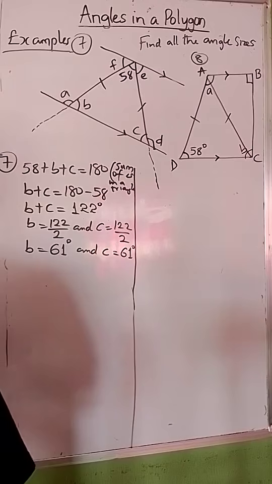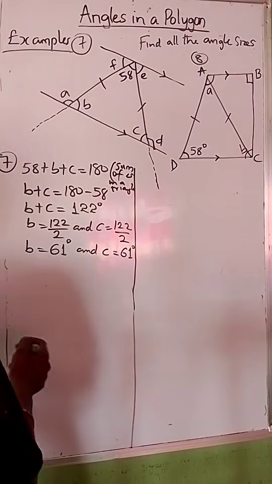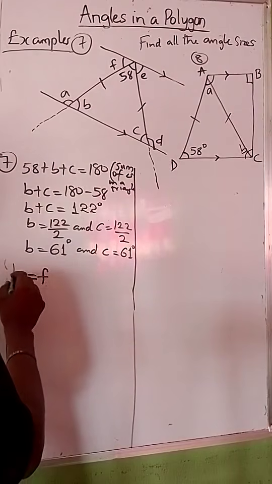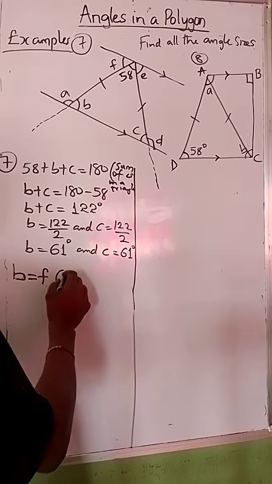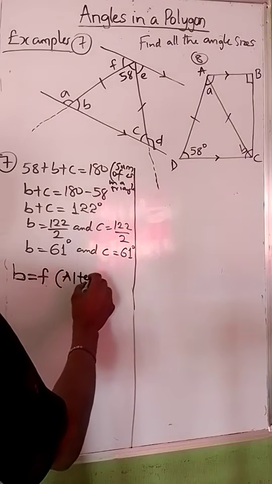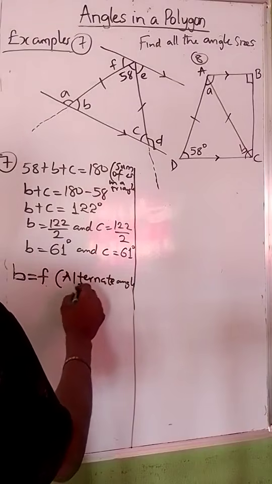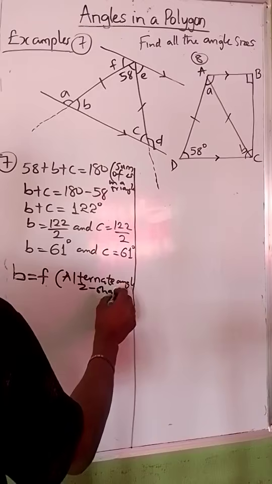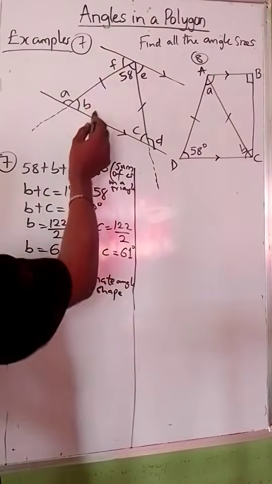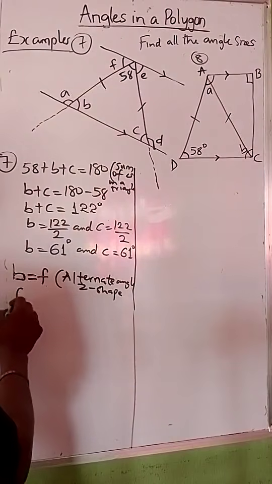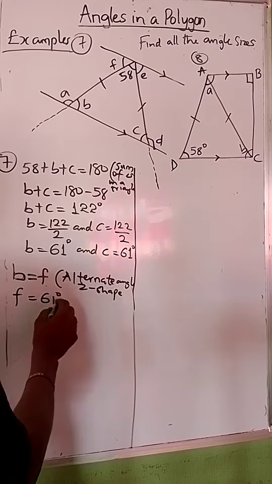So it implies that B is equal to F. Why? Because they are alternate angles, Z shape. You can see. Since B equals 61, F also equals 61 degrees.